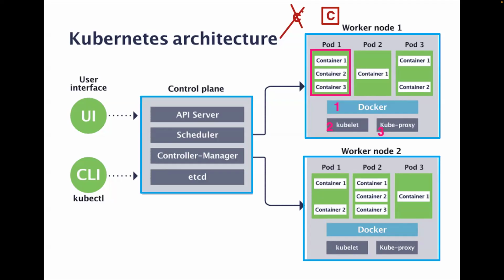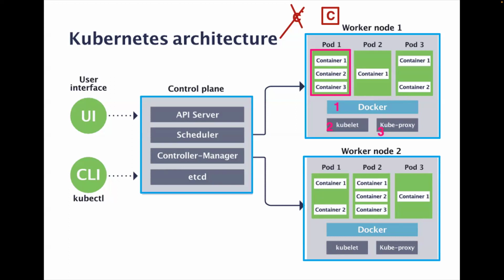Now coming to this, you can have multiple containers in a pod, but one container per pod is the general practice. Also, every pod will be assigned some IP. Containers inside the pod will share the same pod IP and the same pod network interface.